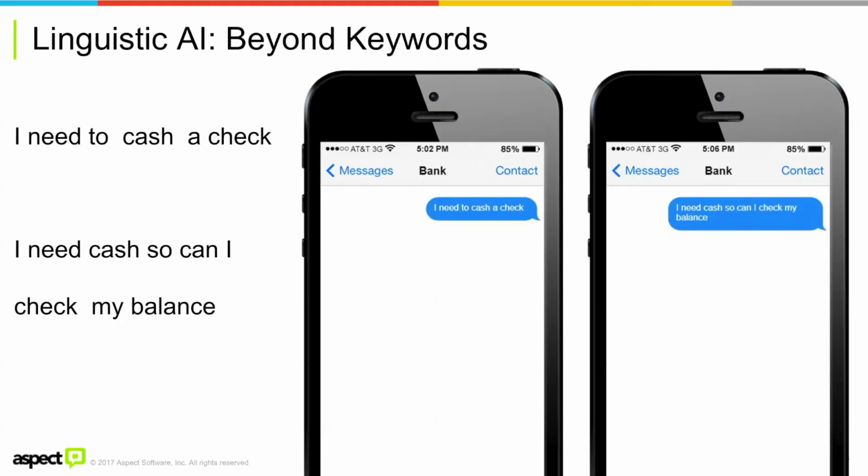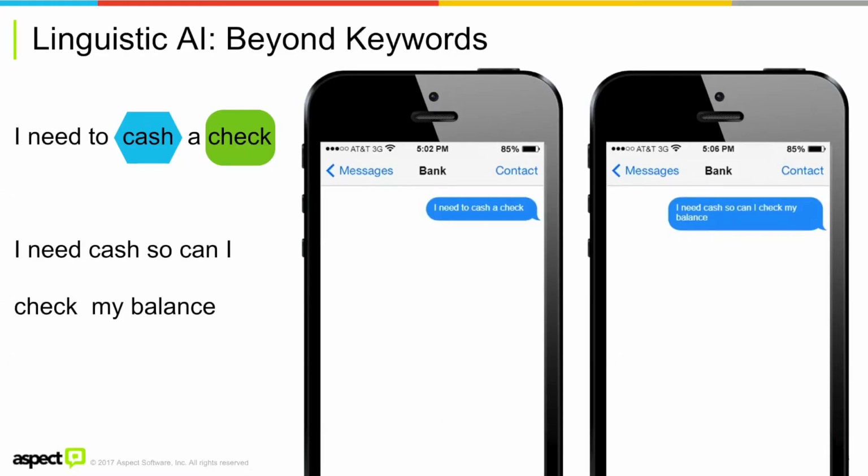But in the first example, cash is the action they want to do, and check is what they want to do that action to. In the second example, cash is something that they are requesting. It's a noun, and checking is the action they want to do. So if our AI is smart enough to understand the linguistics of what's going on here, knows what nouns and verbs are, and can look at the sentence deeper than the surface, it can see that these things are not the same.